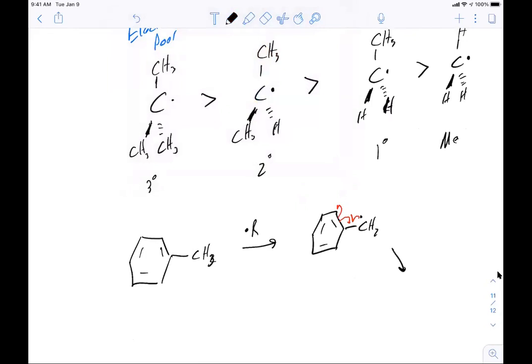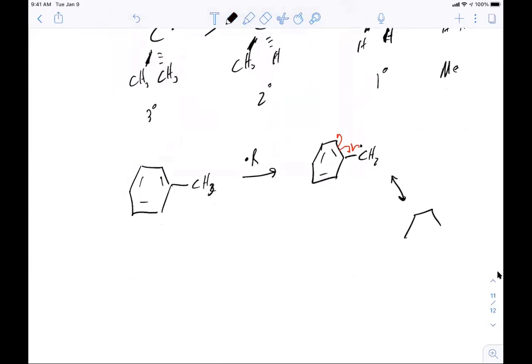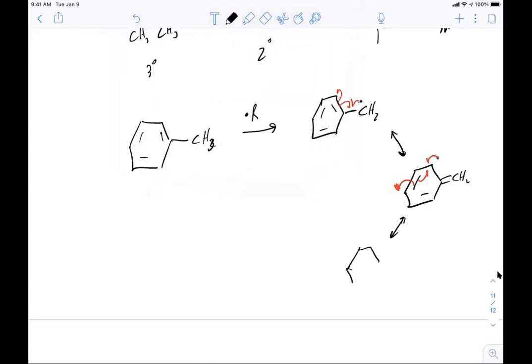Okay, so we still have resonance contributors, and again, just moving around that way.